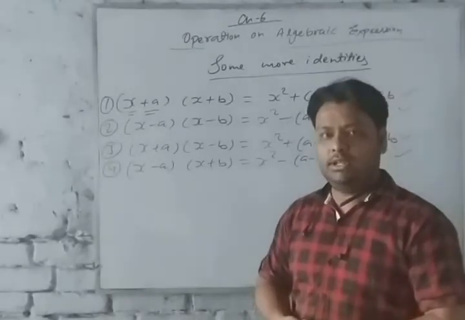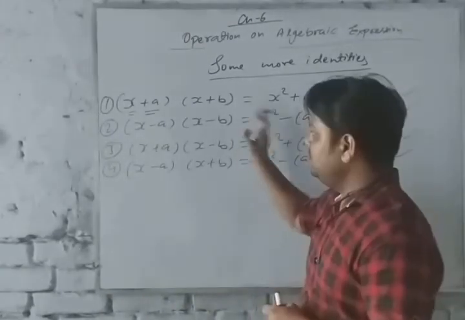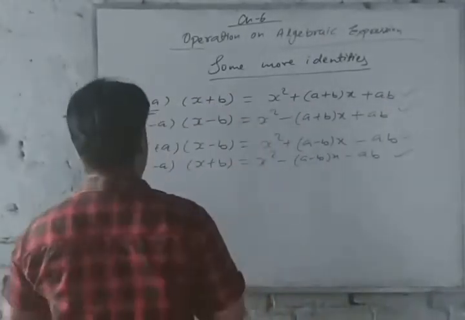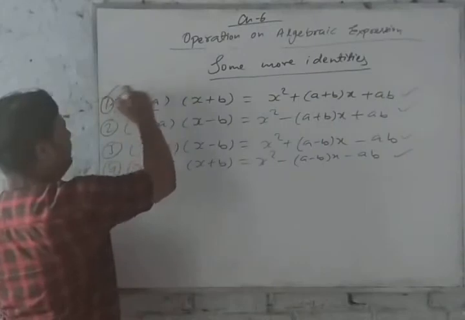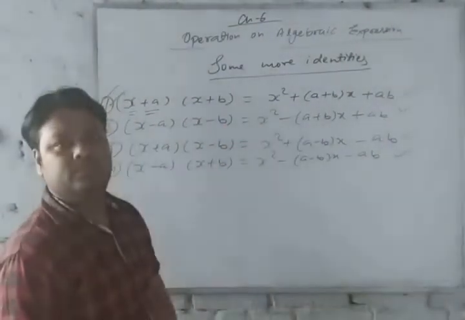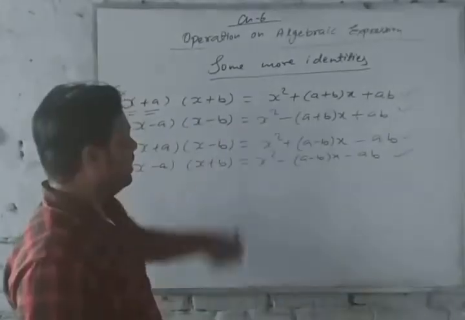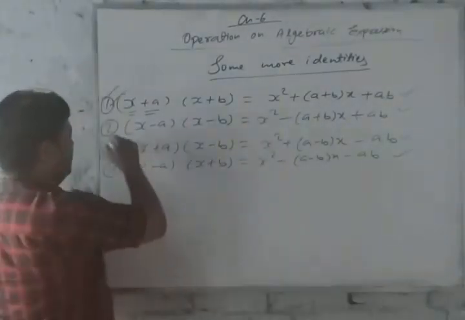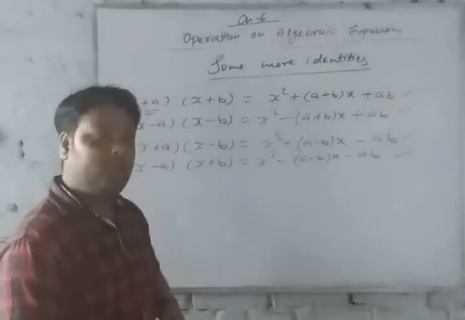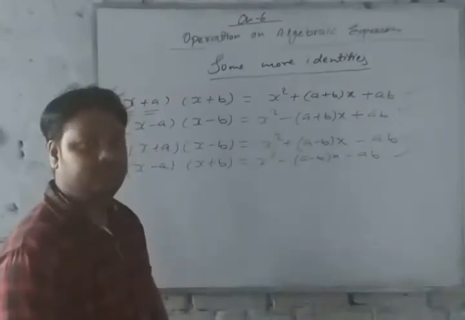So let's see how to learn these identities. I recommend you to learn only the first one. If the question is based on these three identities, then how can we solve it using only the first identity? Let's see.